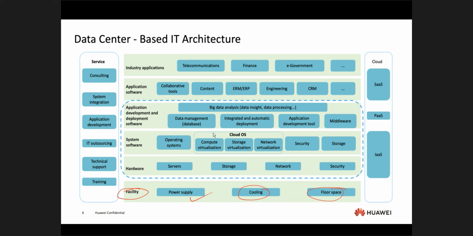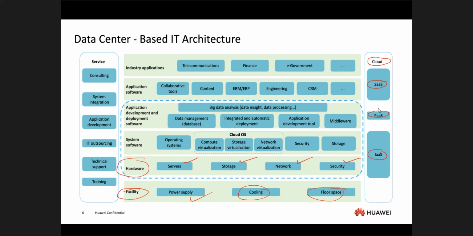When you look at the data center, you need to think of the hardware. Hardware is very important. It's your servers that will host and run all your applications and software. You need to think of storage, the networking aspect, and security. When you look at this model, you look at what I showed you earlier, the cloud models: software as a service, platform as a service, and infrastructure as a service.